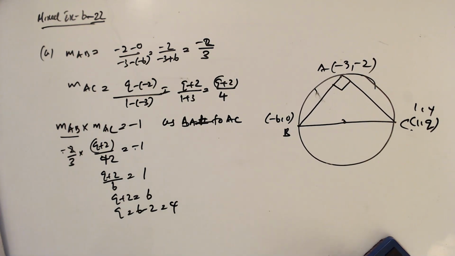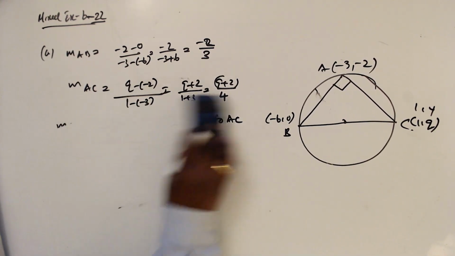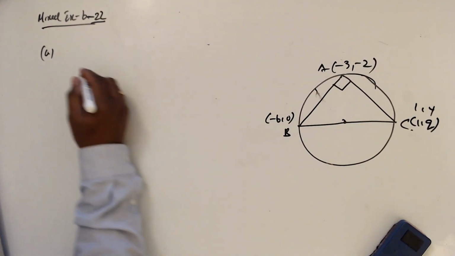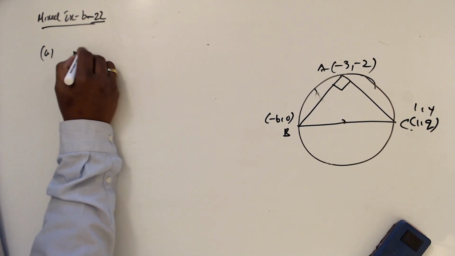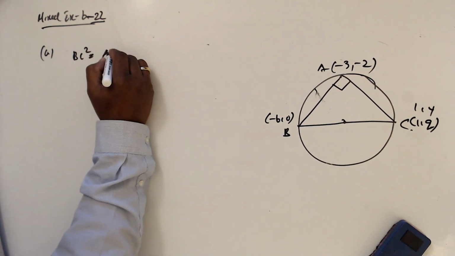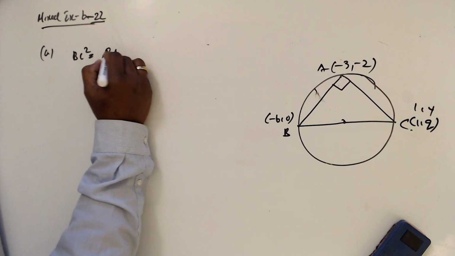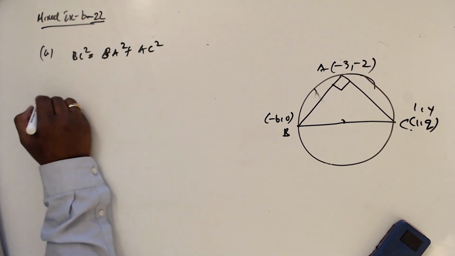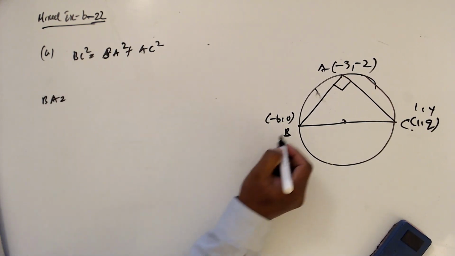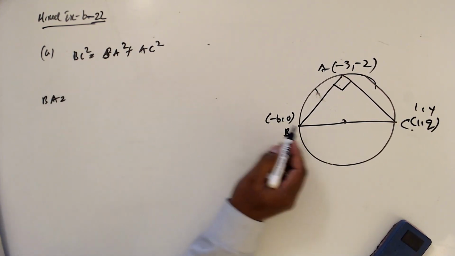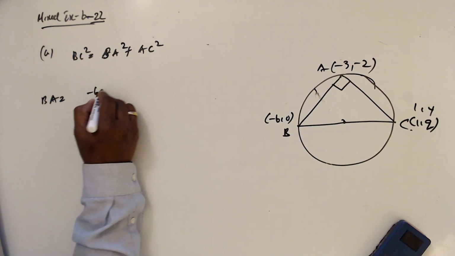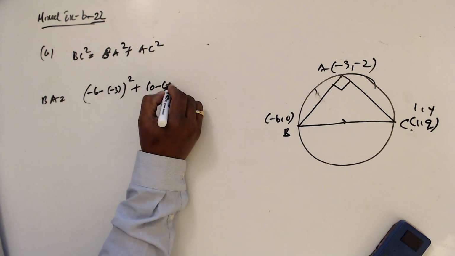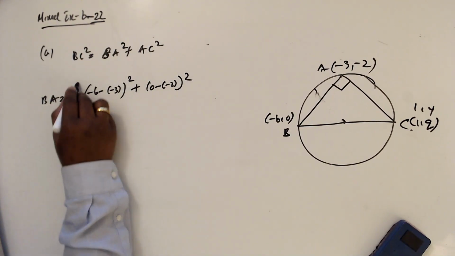I'll work with the second method now, that is Pythagoras. BC squared equals BA squared plus AC squared. This is a bit lengthy. BA means we want to find the distance: (minus 6 minus 3) squared plus (0 minus minus 2) squared.